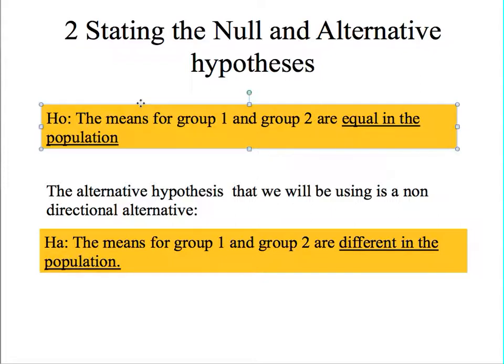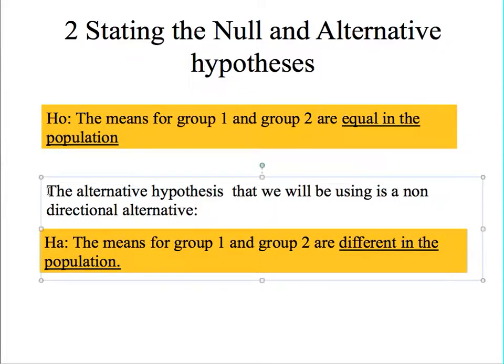So the means for group 1 and group 2 are equal in the population. Remember that hypothesis tests are about the population, so in our null we're stating something about the population, and we're saying that the means for group 1 and group 2 are equal in the population. That's our null, and this is always the null in a t-test for differences in means.